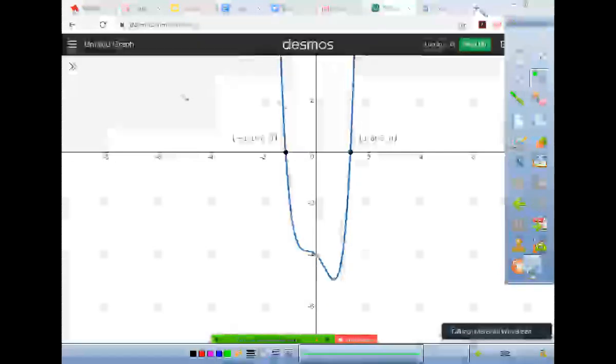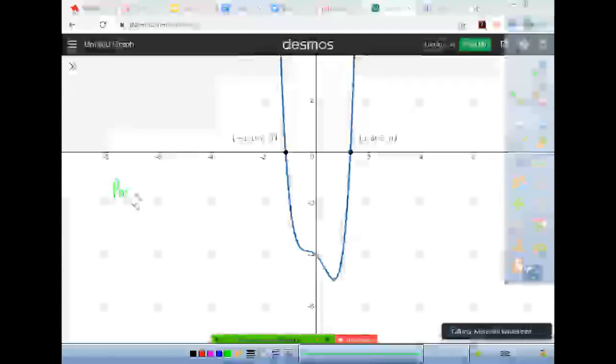So there I said positive above, negative below. So if I'm trying to talk about where is it positive, we're going left to right. We said this piece here is positive. As I go to the left, it's going towards what as an X value? What is the X value as we go to the left?